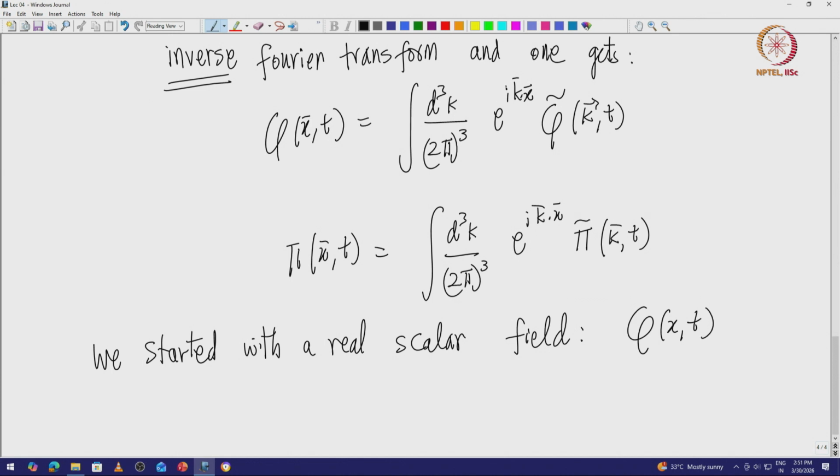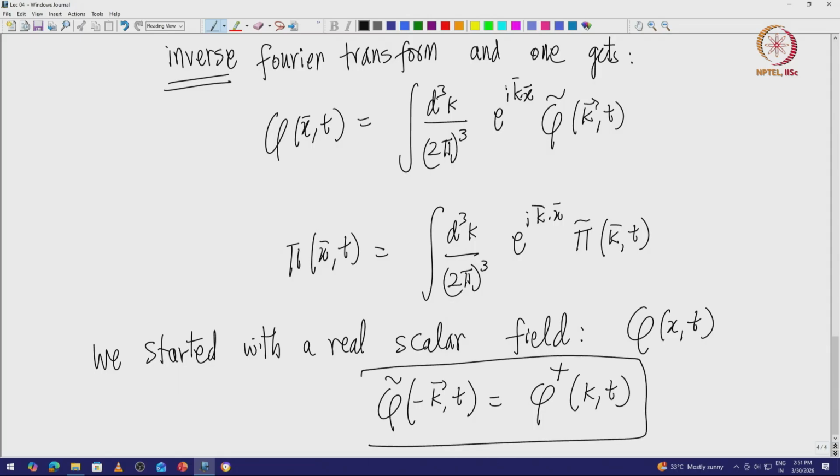So it turns out for a real scalar field, because it is a Hermitian operator, phi tilde of minus k, t is equal to phi dagger of k, t. So you have this nice relation essentially, that phi tilde of minus k is nothing but phi dagger, purely from the Hermiticity.